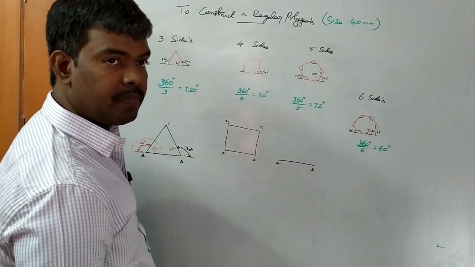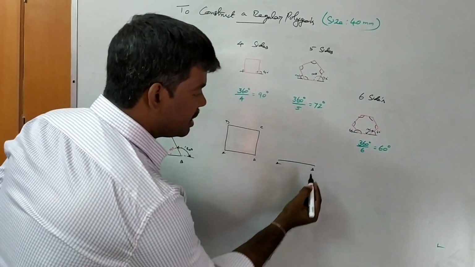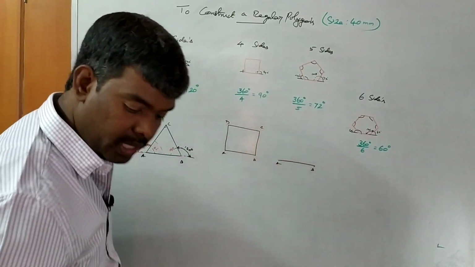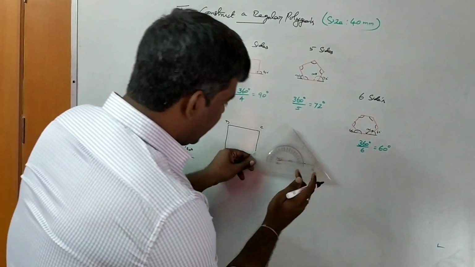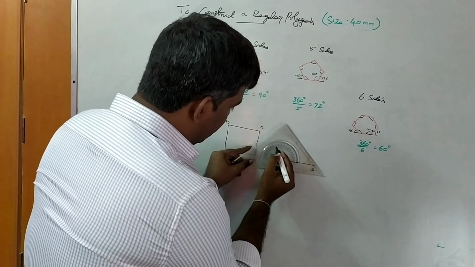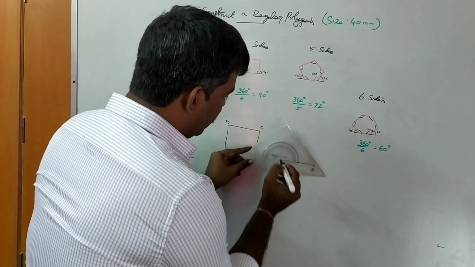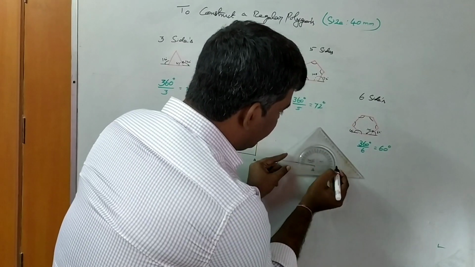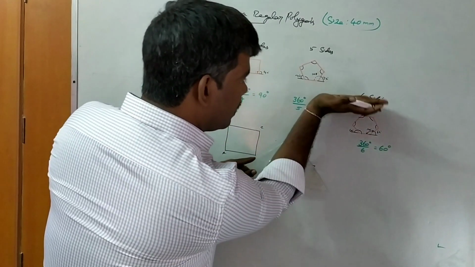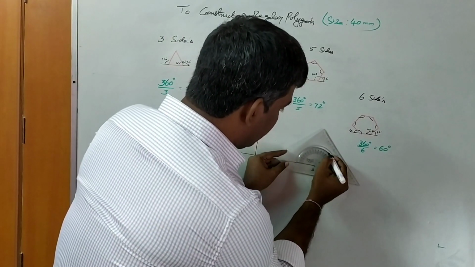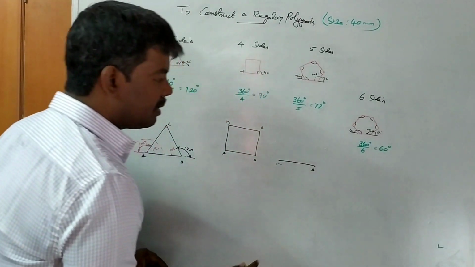Clear? That's all. Now the AB size given is 40, and the angle is 72 degrees. So by using the protractor, where is the 72? Here to here 72. From here to here 72, and here also.